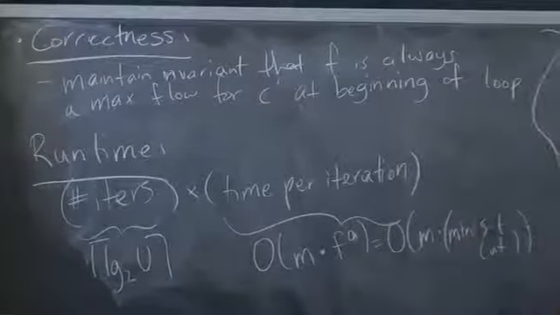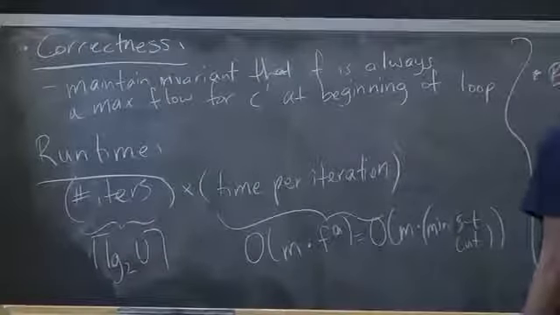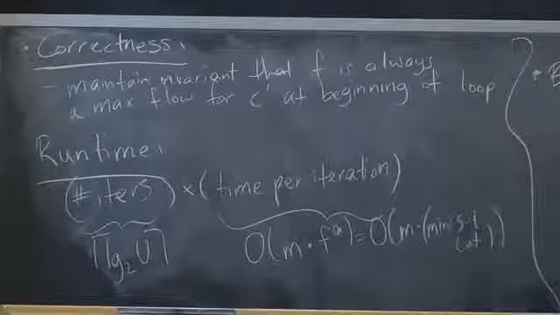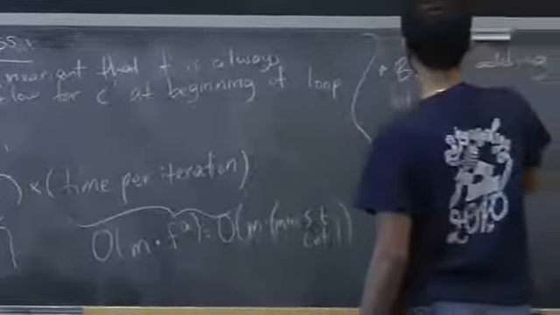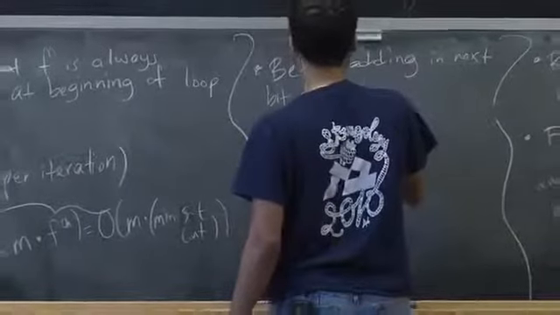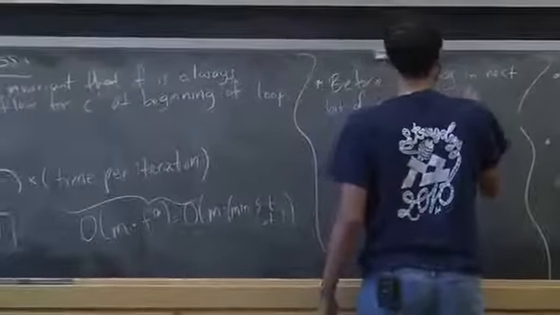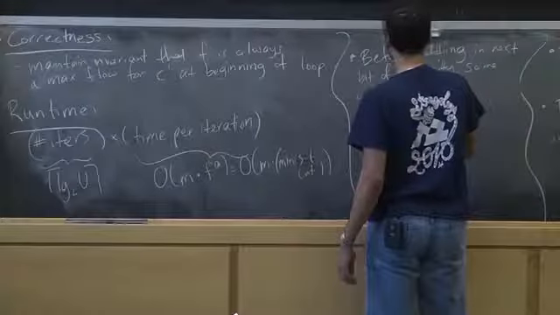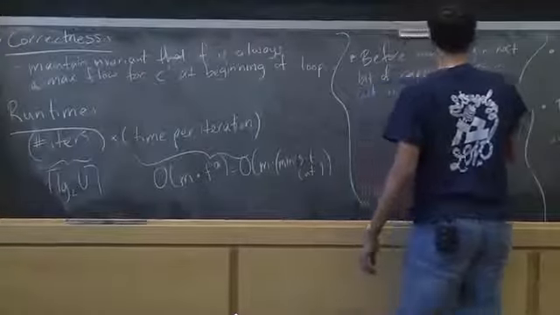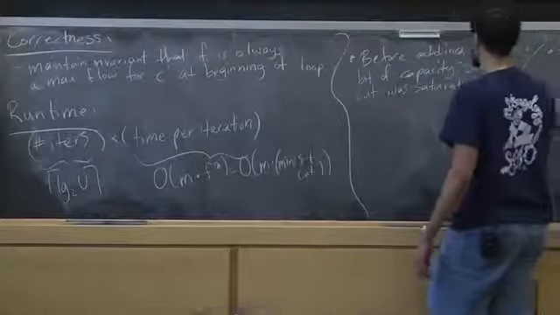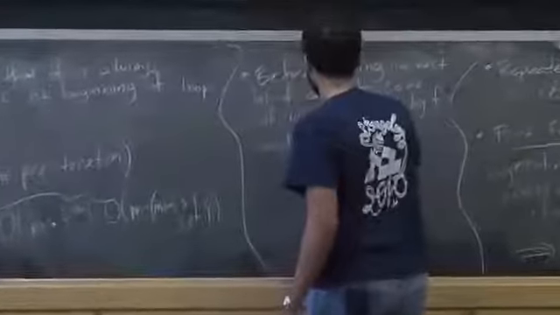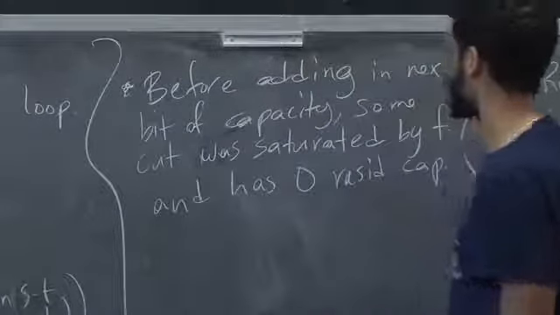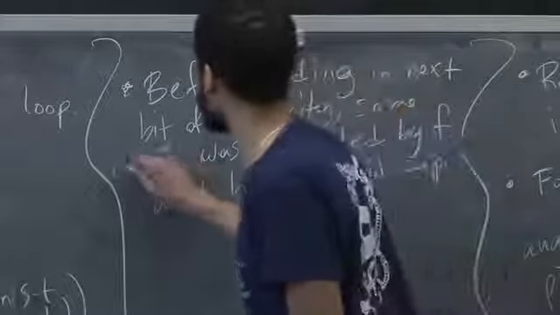And the point is, before adding in the next bit of capacity, some cut was saturated by F and has 0 residual capacity. Let's call this cut C, some cut C.